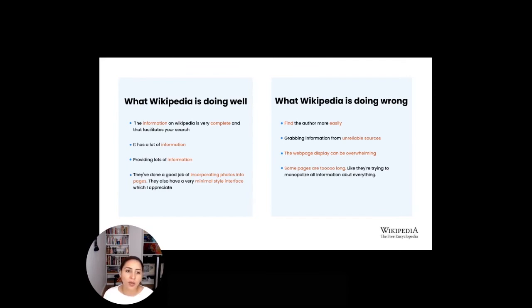And about what Wikipedia is doing wrong, they found that there are some unreliable sources, and the web page display could be overwhelming. The amount of information is too much, and some pages are getting longer, and it's hard for them to scan.